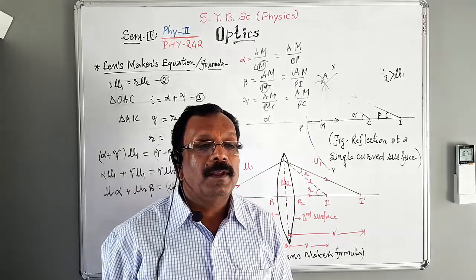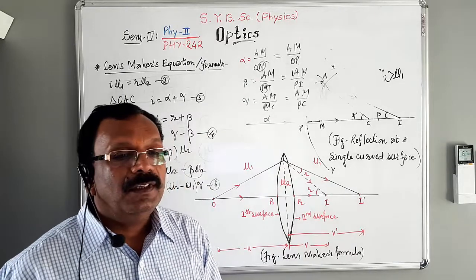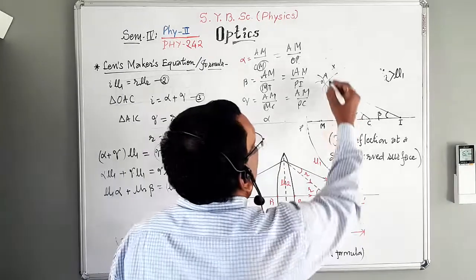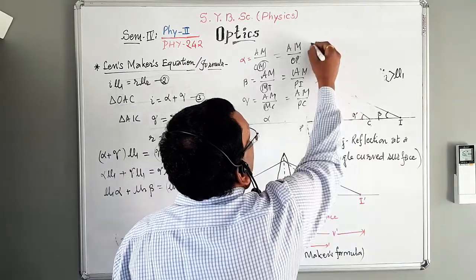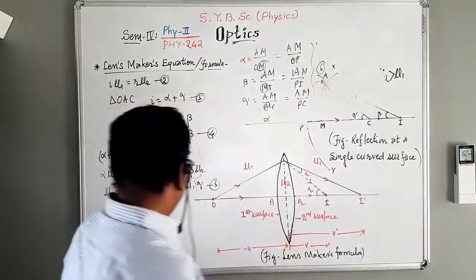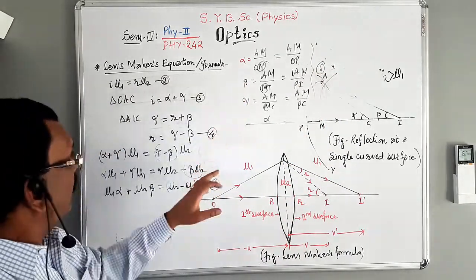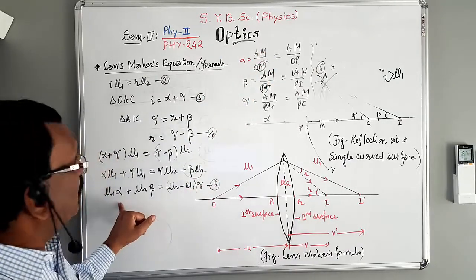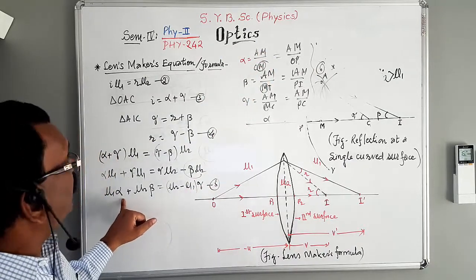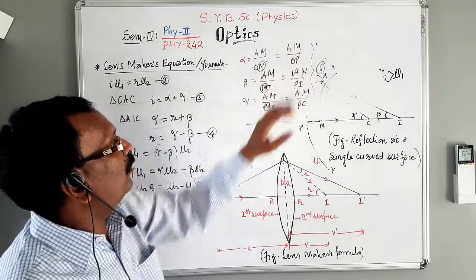Now, suppose this is equation 6. And we simply use the values of alpha, beta and gamma in this equation. Instead of alpha, we write AM upon OP.